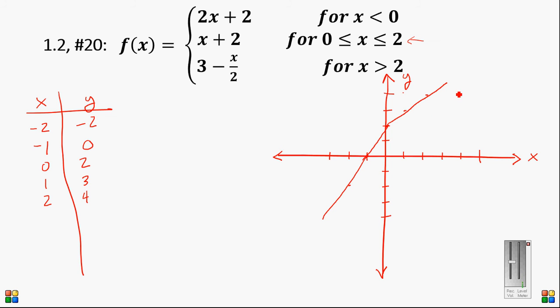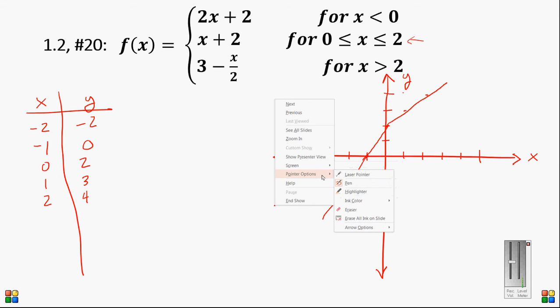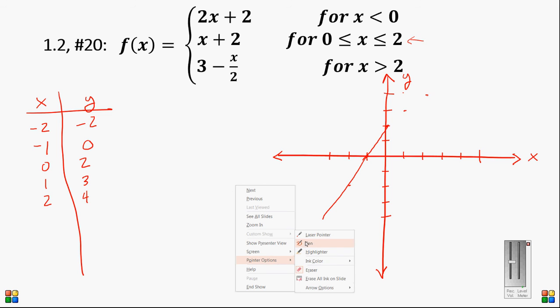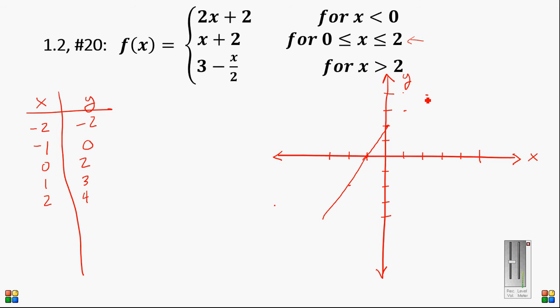Okay. And actually, I've got to fix that real quick because we messed this one up a little bit here. It only goes to 2, so it goes like that.